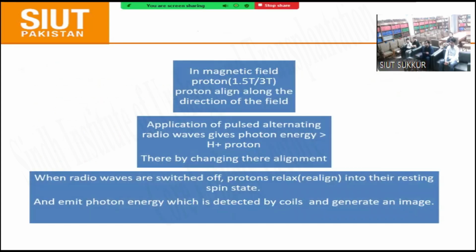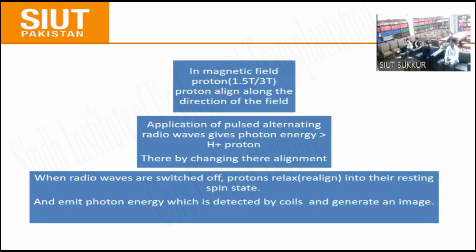This image describes how the MRI machine works. In a magnetic field, which differs between MRI machines, from 1.5 to 3 Tesla, protons align along the direction of the field, and application of pulsed alternating radio waves gives the protons energy, changing their alignment.